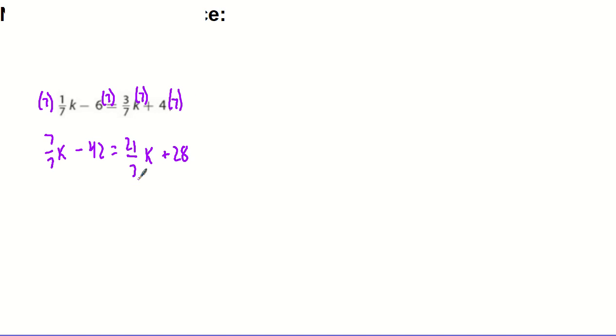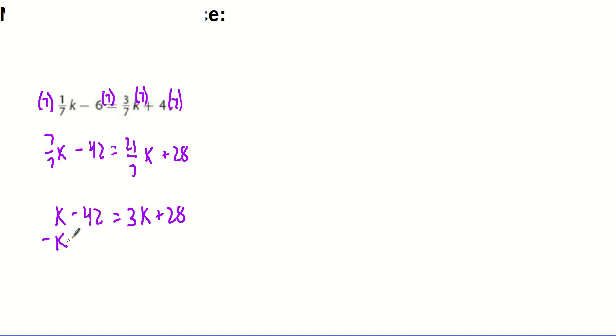And then that's plus 28. And then 7 over 7 is just 1. So that's just going to give me k minus 42. 21 over 7 is 3. That's 3k plus 28. So this fraction equation just really becomes this. And this is a lot easier to work with.